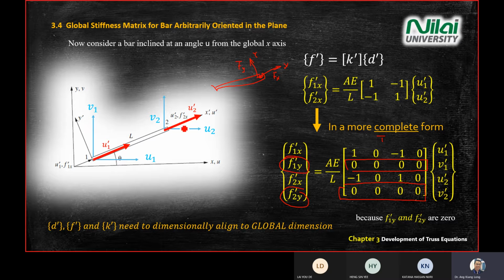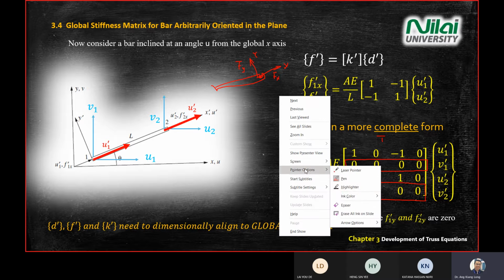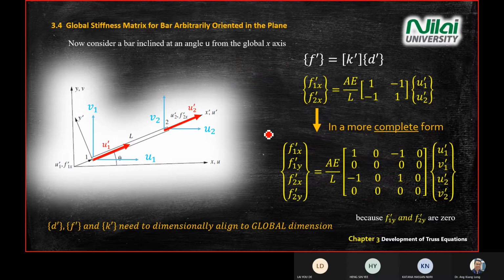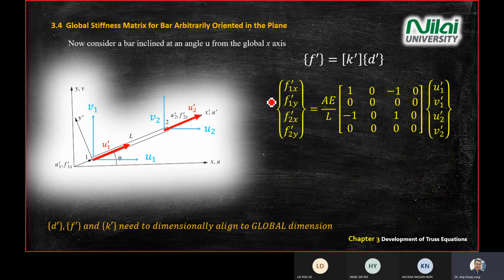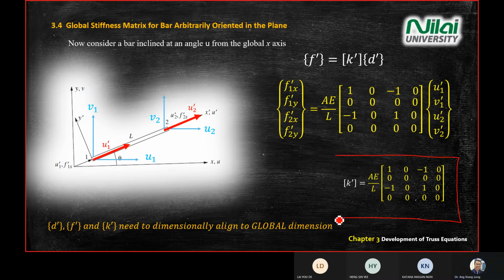In this case, you only have one direction force. So just a reminder or side note for that one. Okay, let's see if we have an example. So again, F equals KD, your K in this form. So just now we looked at the F transformation matrix.